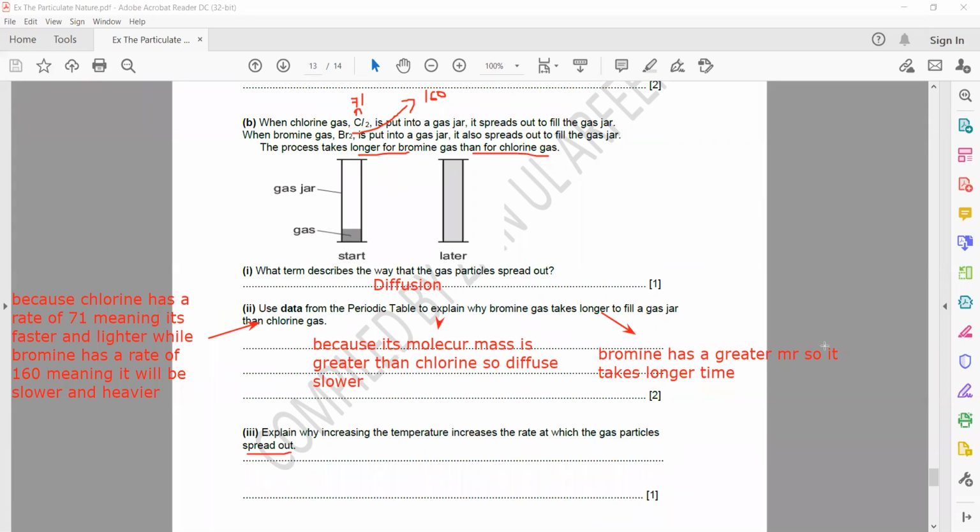The particles gain more energy, they will move faster. High temperature, more energy. So the rate of diffusion will increase.